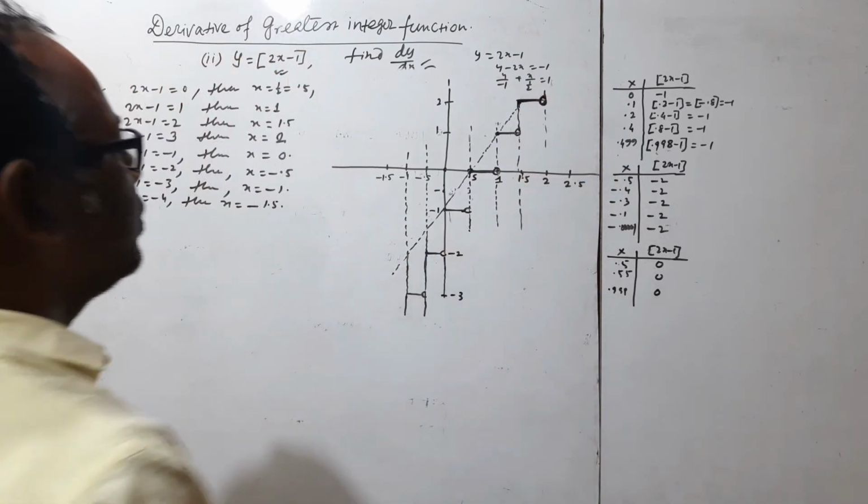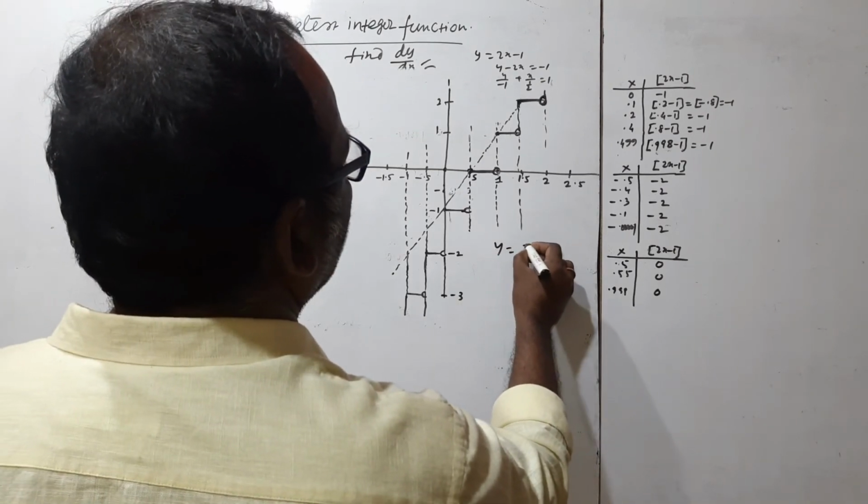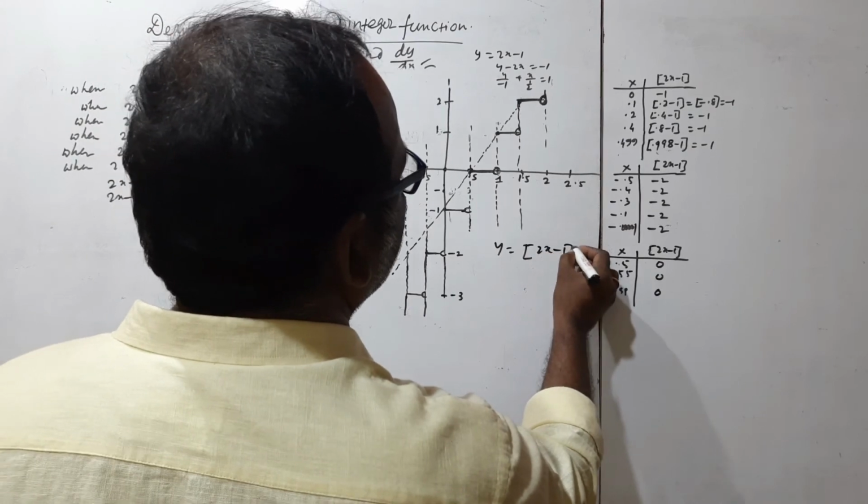So this is the drawing of the function. This is the drawing for the function y is equal to box of twice x minus 1.